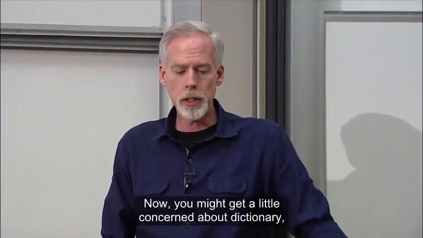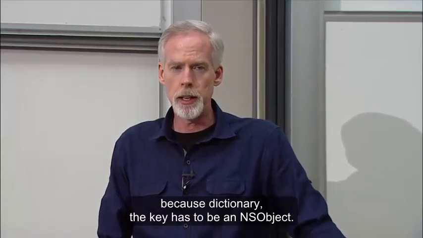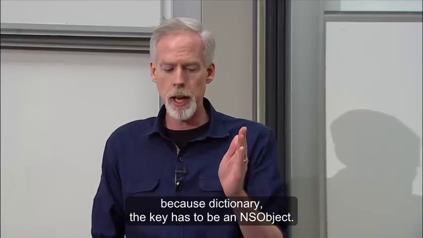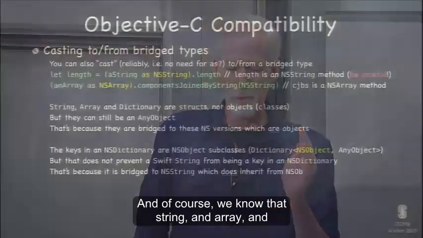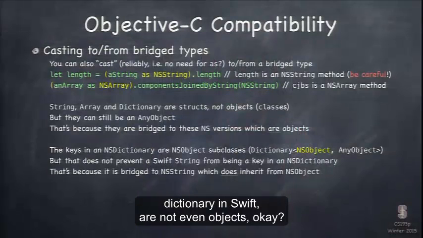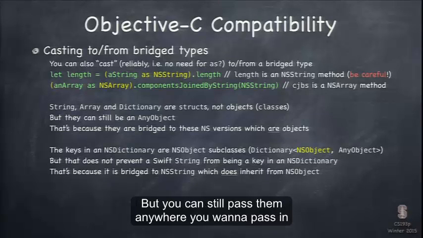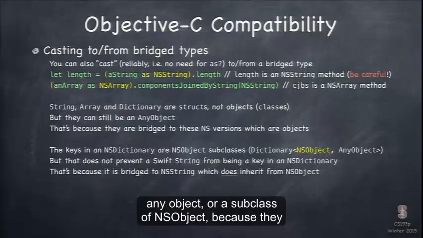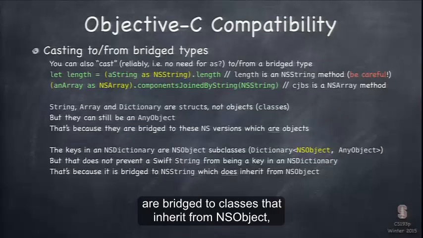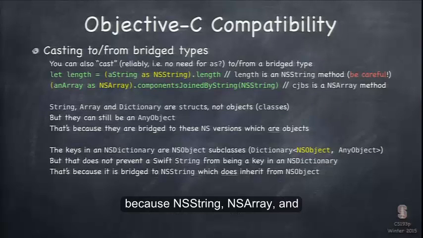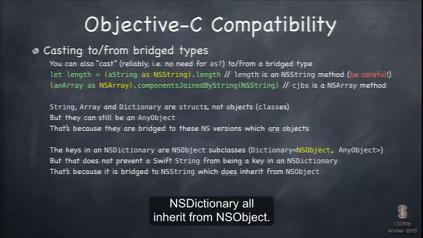Now, you might get a little concerned about dictionary, because in an NSDictionary the key has to be an NSObject. And of course, we know that String and Array and Dictionary in Swift are not even objects. They're not AnyObject, or they're not an NSObject for sure. But you can still pass them anywhere you want to pass an AnyObject or a subclass of NSObject, because they are bridged to classes that inherit from NSObject, because NSString, NSArray, and NSDictionary all inherit from NSObject.